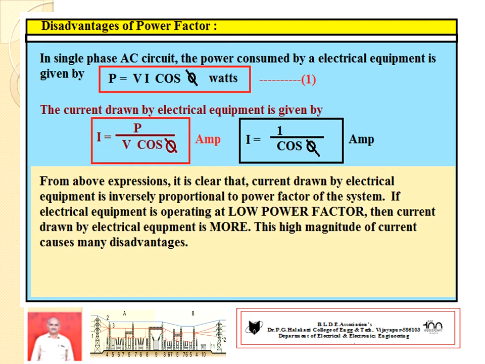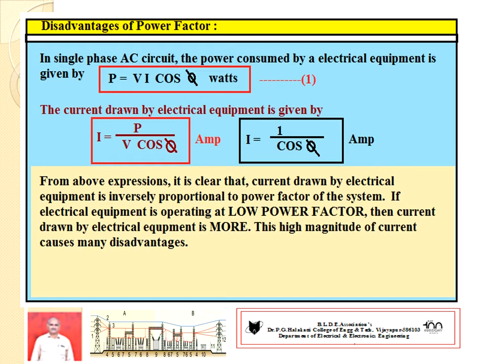Now the disadvantages of low power factor, or we can say the importance of power factor in AC circuit. It is a well known fact that the power in single phase AC circuit is given by P equal to VI cos phi watts, where V is the RMS value of voltage, I is the RMS value of current and cos phi is the power factor of the AC circuit.